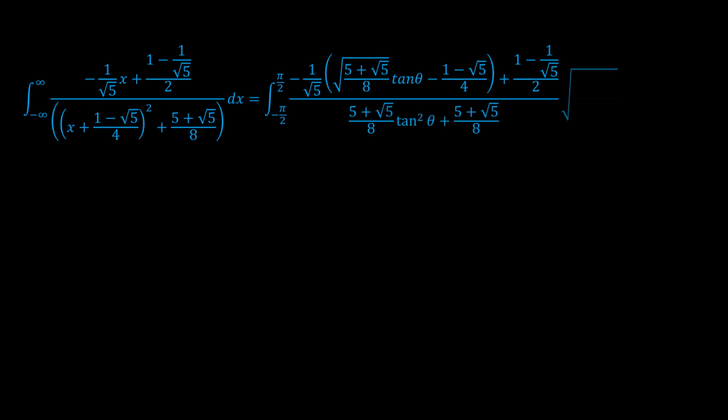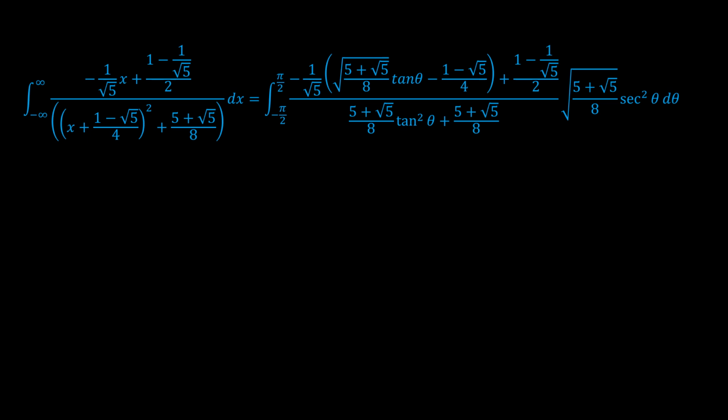And in place of x plus 1 minus root 5 over 4, we can substitute the square root of 5 plus root 5 over 8. Now that squared, we have 5 plus root 5 over 8 tan squared theta, and then this constant here remains, right? And the constant here also remains.